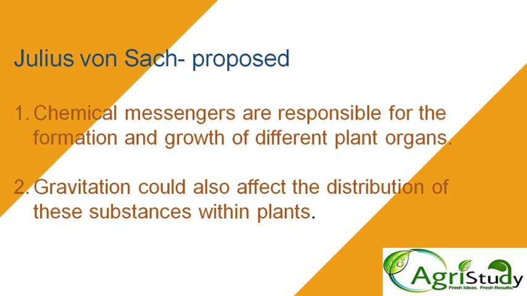Such chemical messengers play a major role in the many mechanisms that happen in the plant. He also said that gravitation could affect the distribution of these substances within the plants.